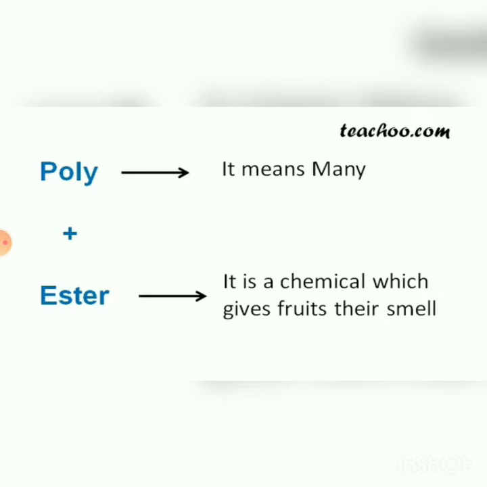If you pick any fruit and try to smell it, you get a particular fragrance, that okay, this is muskmelon, this is mango. It's all because of the chemical called ester which is present in them. So polyester is many units of ester joined together.